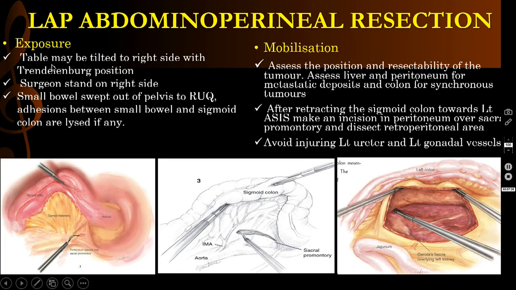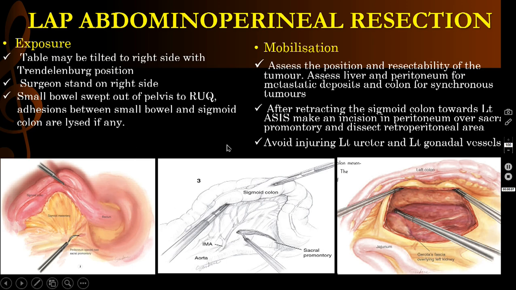Exposure, the table may be tilted to the right side with Trendelenburg position so that all the small bowel from the pelvis will fall off from that area. Surgeons should stand on the right side. The small bowel should be swept out of the pelvis to the right upper quadrant, and then divide any adhesions between small bowel and sigmoid colon if there are any.